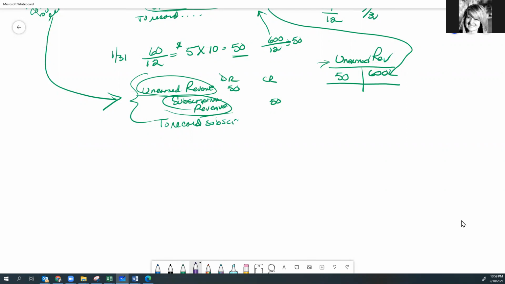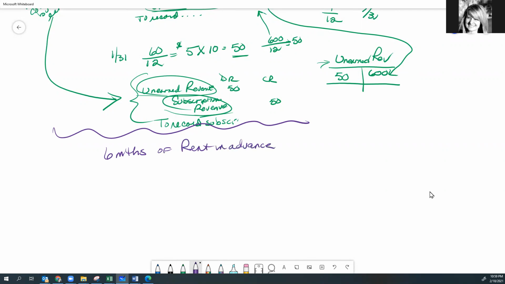Let's make it purple. So we paid for 6 months of rent in advance. We got a better deal if we paid for 6 months up front. So we paid $6,000 on January 1 for 6 months of rent.